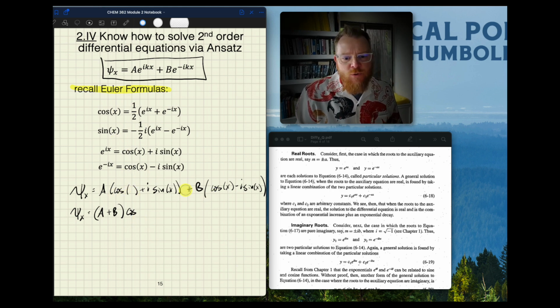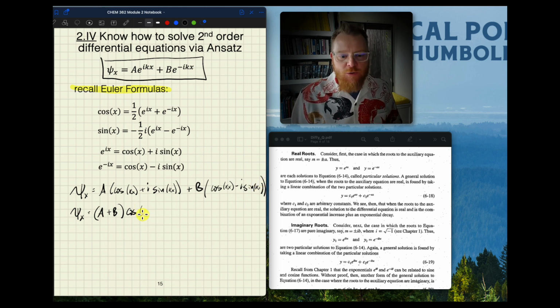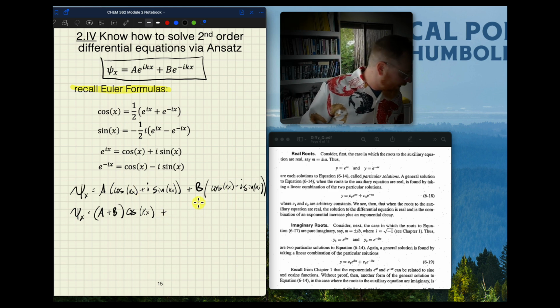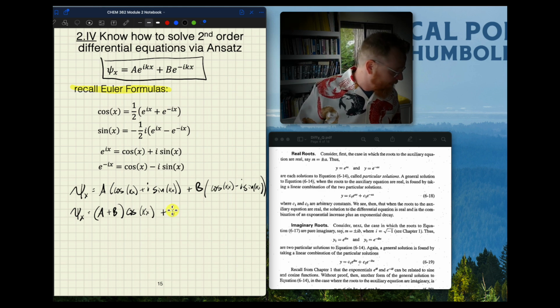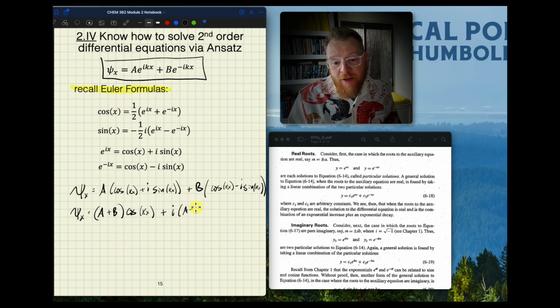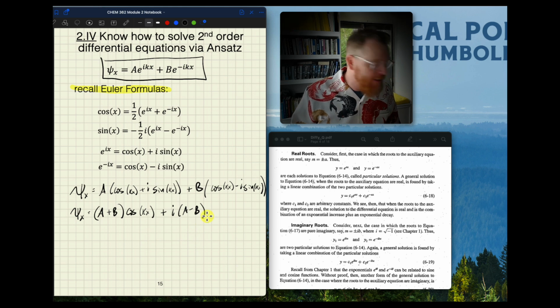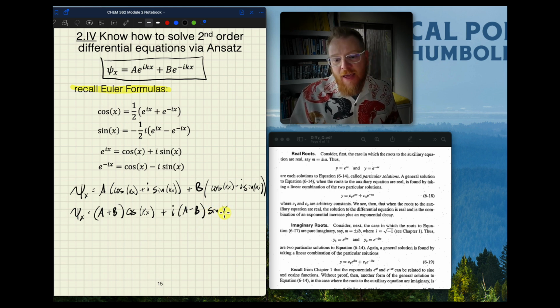Let me squeeze those k's in. They were not present in the general solution, but we need them in our specific Schrodinger equation solution, kx. There we go. So now that's cosine of kx plus, and then I can combine the sines, and we notice that both of those have the imaginary number i, and that becomes (A minus B) times sine kx.